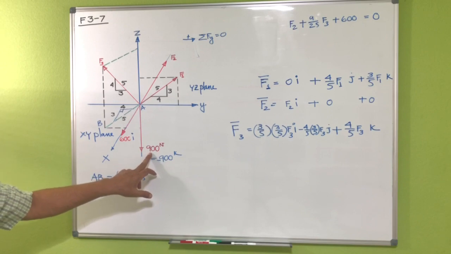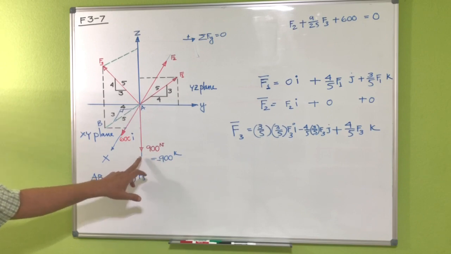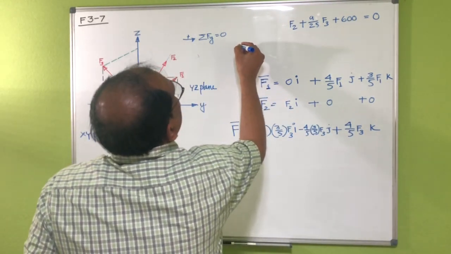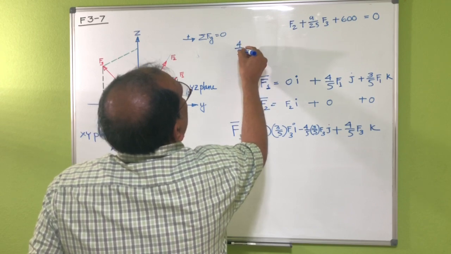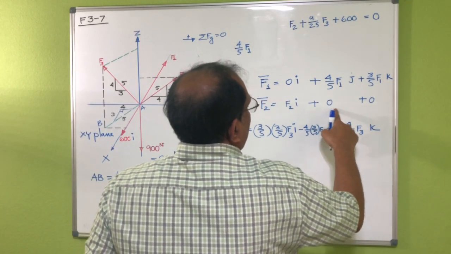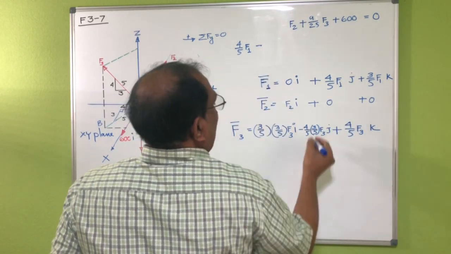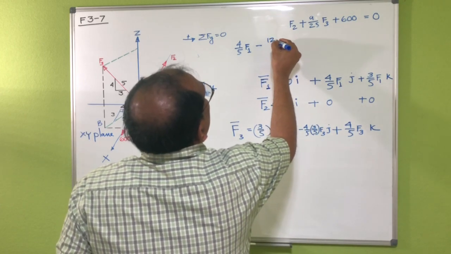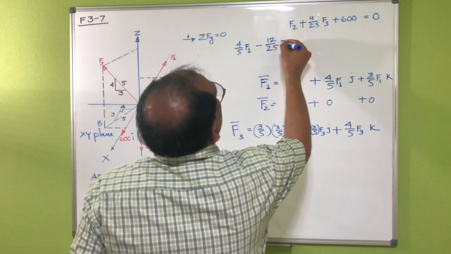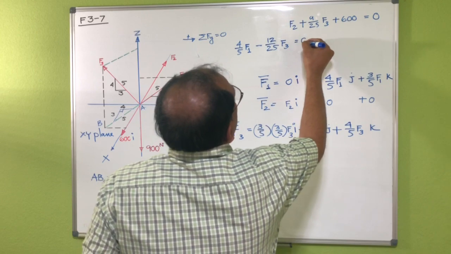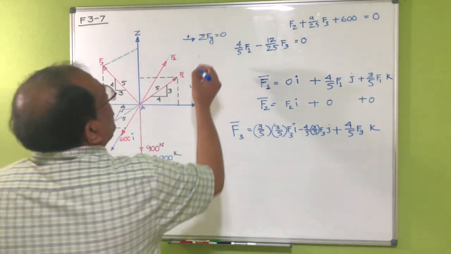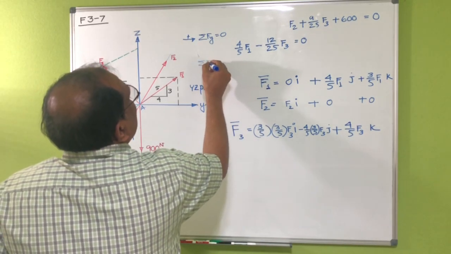The 900 N force also doesn't have any component in the y direction because it is in the z direction. So I have 4/5 of F1, then 0, and then minus 12/25 F3, equal to 0. Then you can also write the summation of forces in the z direction.